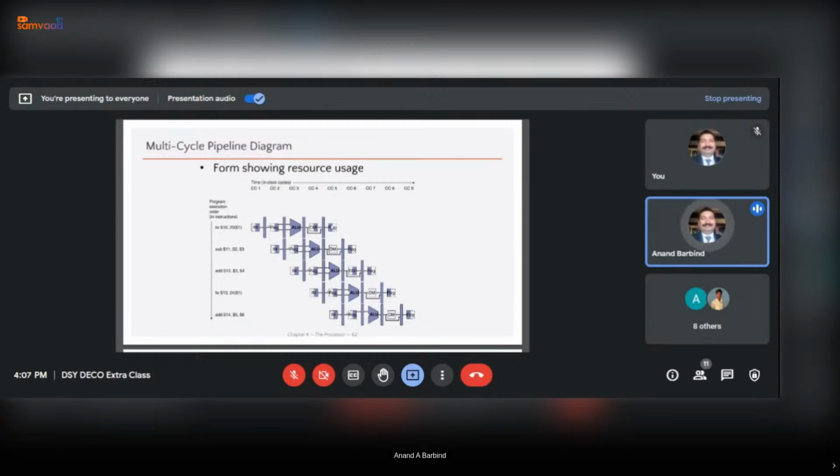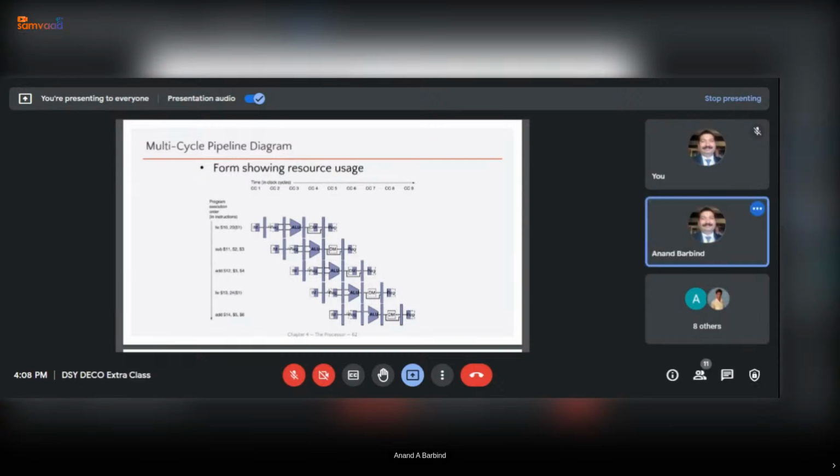It is used for this much time, that is half time, by one LW instruction, and in the remaining half time, the register file will be used by the other LW instruction. The register file is being shared by two instructions. Got this? Yes, sir.